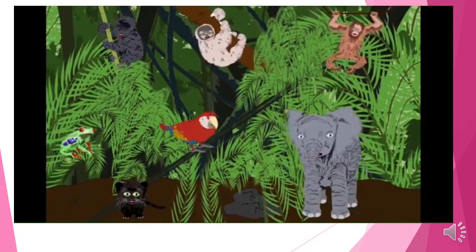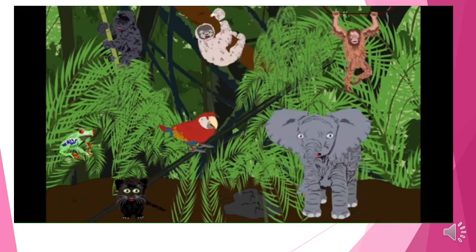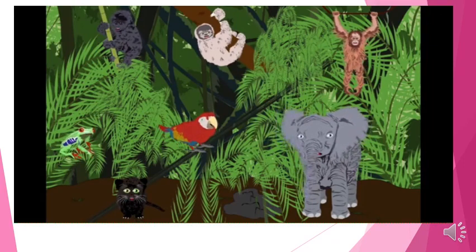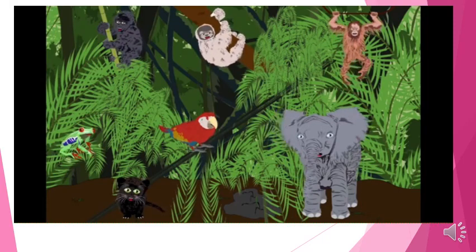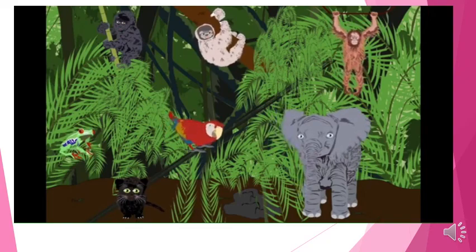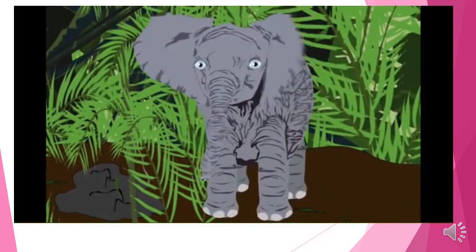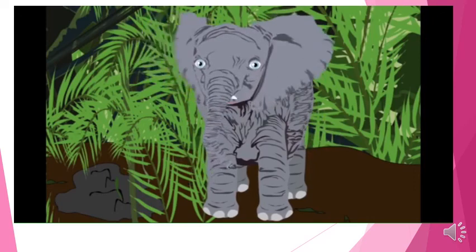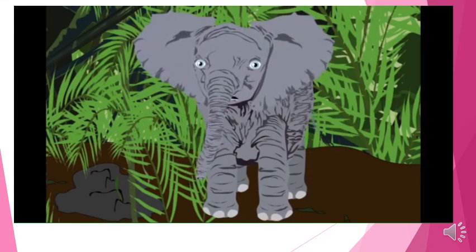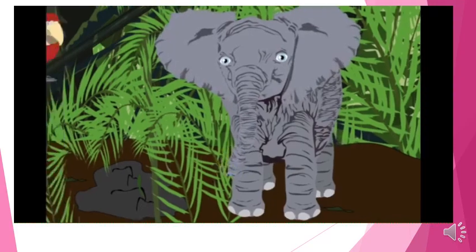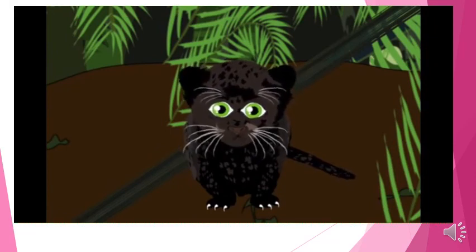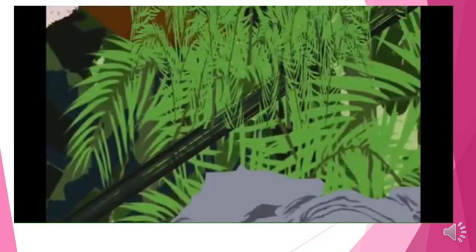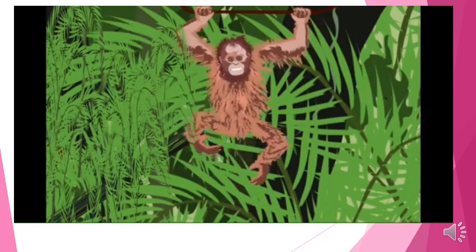I am a forest elephant, I have a family called a herd. I am a vegetarian, African home is much preferred. And I'm a black panther from the Felidae family. I'm from South Africa and meat is what I eat. I'm an orangutan, I live on Asian islands.